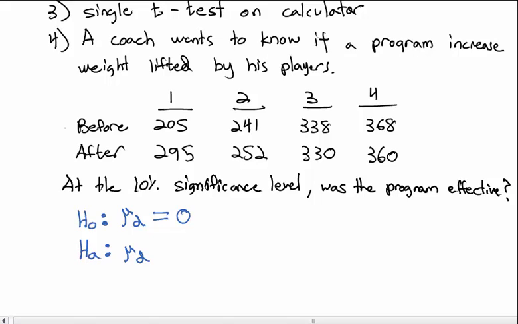If we do before minus after, we want the after to be bigger. So we're doing a small number minus a big number, ideally. If we do small minus big, we're going to end up with a negative value. So the alternate hypothesis is that the mean difference will be less than 0.